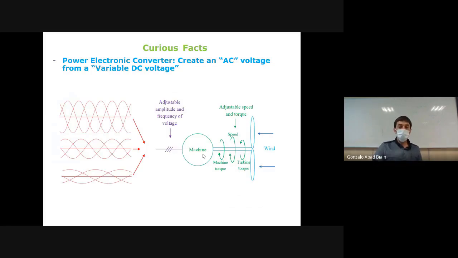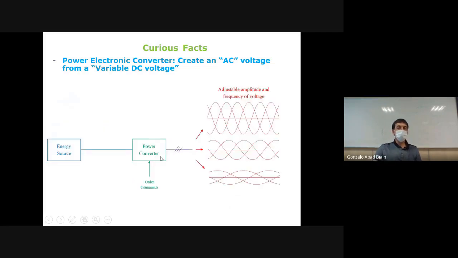Finally, we need to supply the generators, the machines. They demand AC voltages of different amplitudes and different frequencies, but AC, sinusoidal. But the reality is that nowadays we supply these AC machines, in this case generators, with power electronic converters.